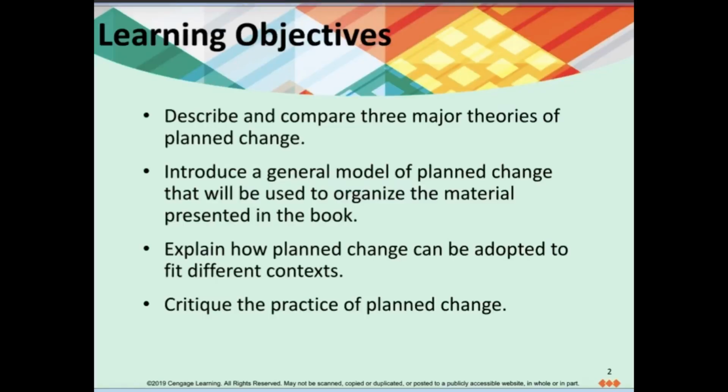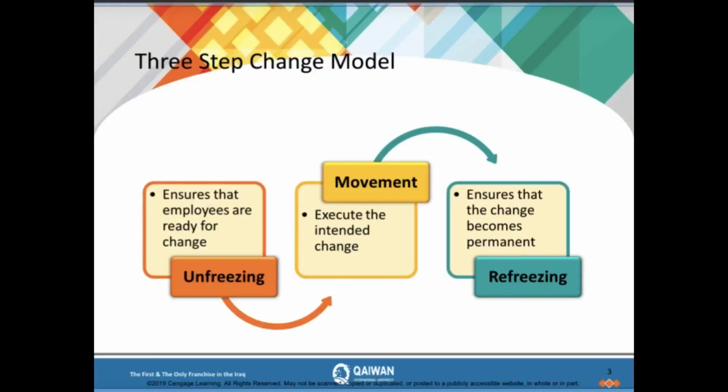Our learning objectives for this chapter are: we will describe and compare three major theories of planned change, and then we will introduce a general model of planned change that will be used to organize the material presented in the book, and then explain how planned change can be adapted to fit different contexts, and finally critique the practice of planned change.